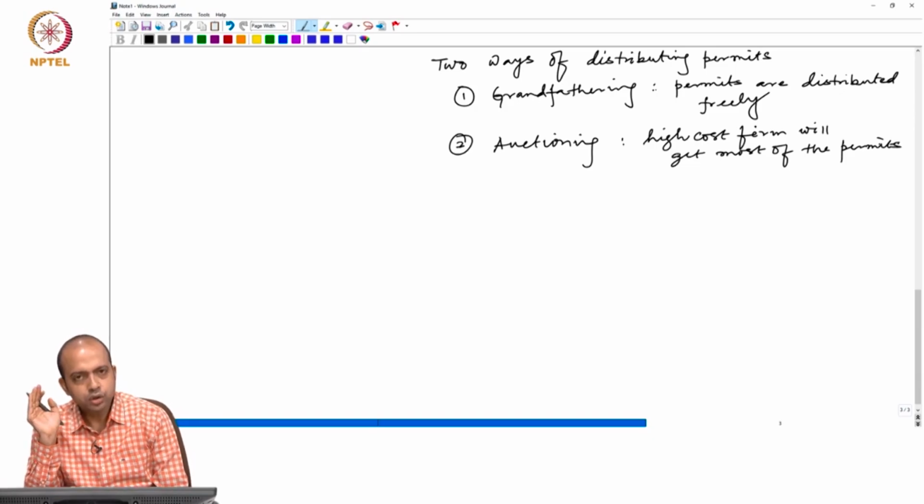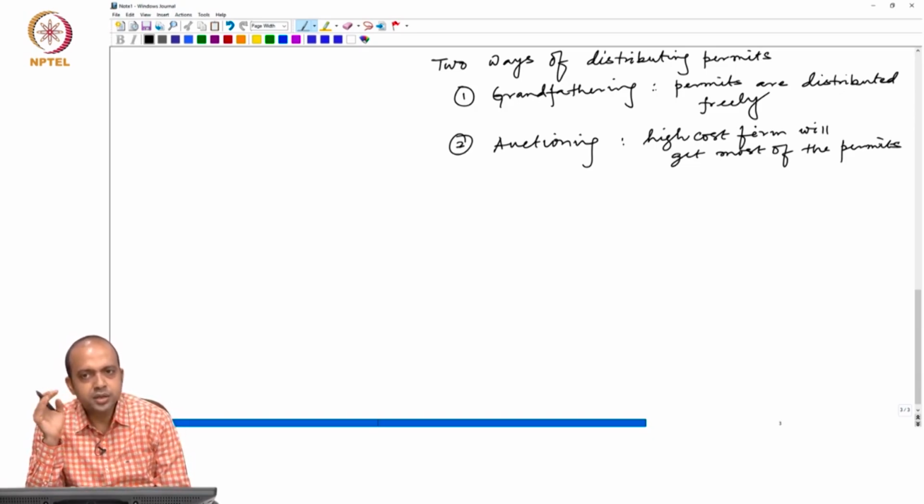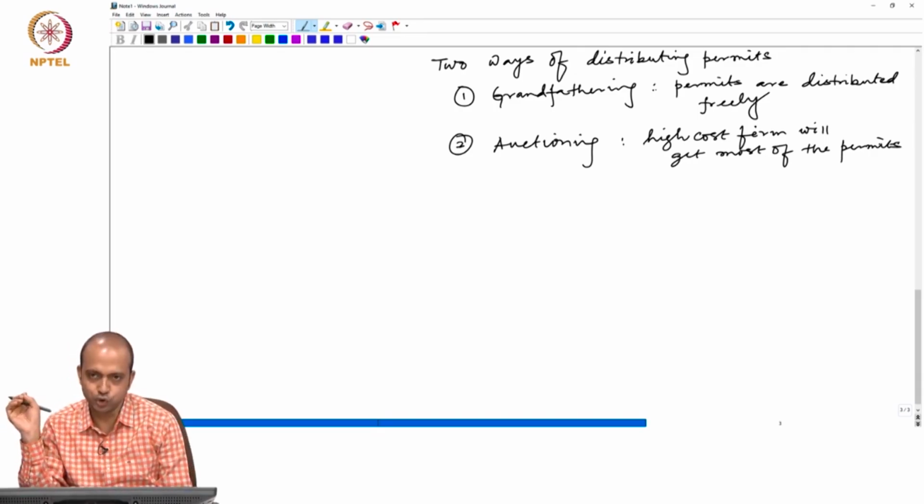So, when the policymaker is uncertain about the total amount of emission and wants a fixed amount of emission to be tolerated in a given period of time, then instead of relying on emission charge, the policymaker will go for tradable pollution permits.